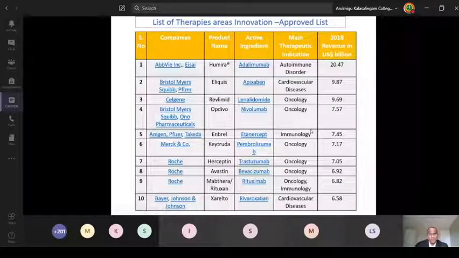In order to produce medicines and drugs, the agencies are looking for innovative therapies. This is the overall list of innovative companies and molecules. Keytruda is a monoclonal antibody, an IgG immunoglobulin, which is a protein in nature.